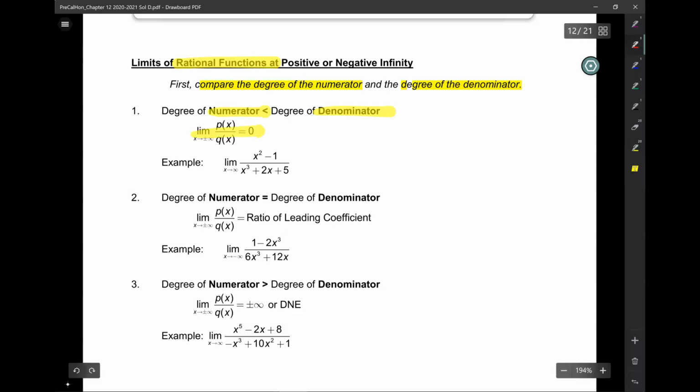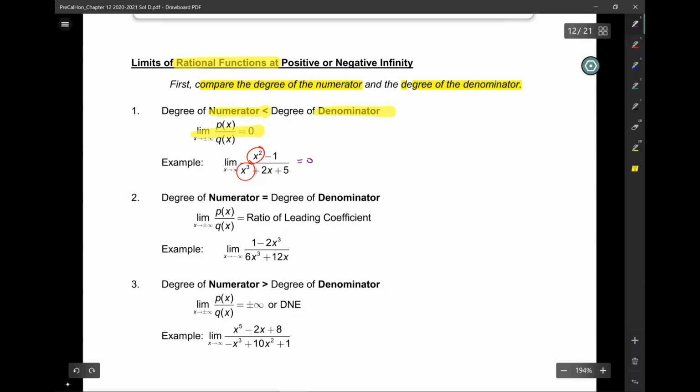So for example, here the leading term is x squared, here it's x cubed. When they cancel, you're going to end up with an excess of x's on the bottom. And as the x's on the bottom go to infinity, the whole thing will equal 0. So this is just 0. There is essentially no work here.